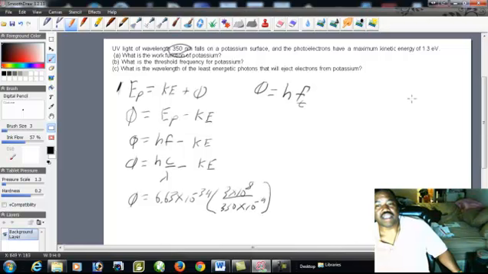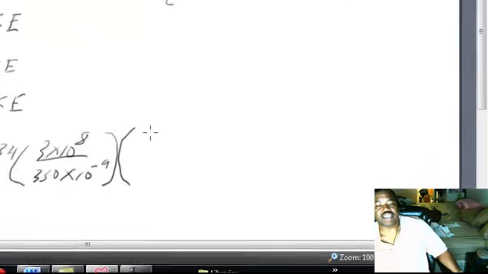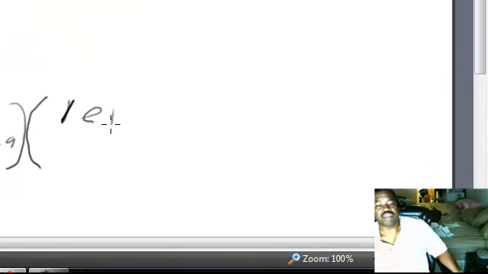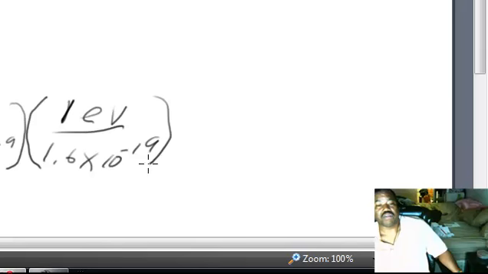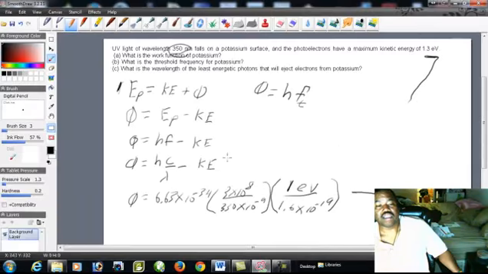Now, since this kinetic energy is in eVs, we have to convert. 1 eV is equal to 1.6 times 10 to the minus 19, minus the KE, which is 1.3 electron volts.